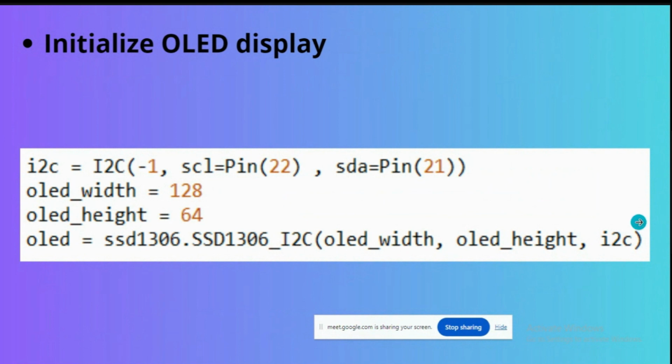After importing the necessary libraries, we need to initialize our OLED display. That means the pins that are relevant to the display, and the width and the height and that information, according to the library we used.